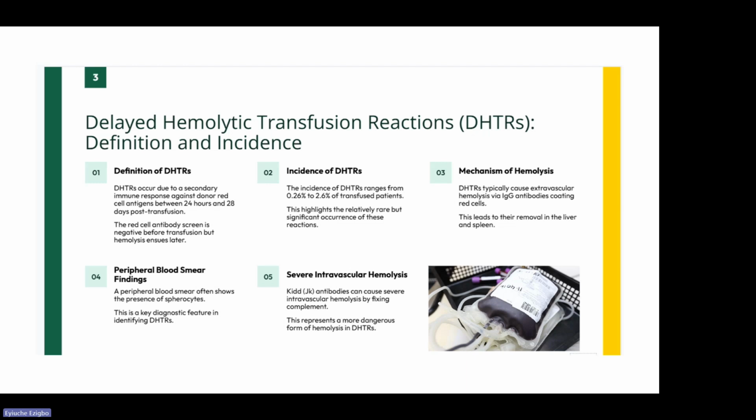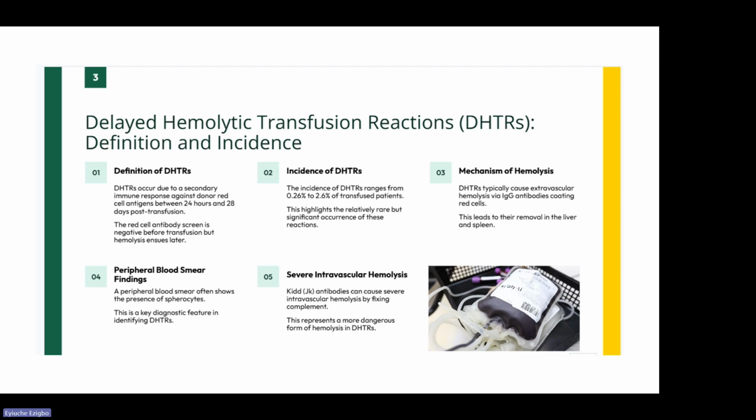The mechanism of hemolysis in delayed hemolytic transfusion reaction is typically extravascular hemolysis via IgG antibodies coating the red cells, which leads to their removal in the spleen and liver.